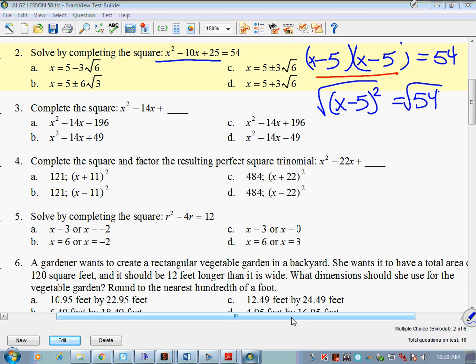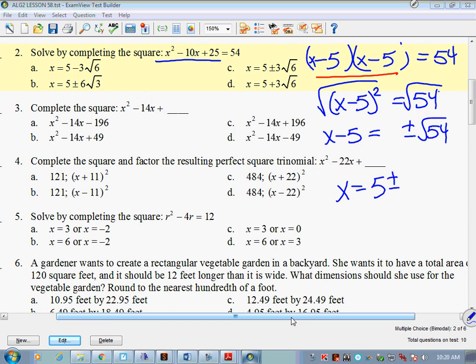All right, so I'm going to get x minus 5 equals, do I need to add anything to the square root of 54? Plus or minus square root of 54. What do I want to do with that 5? Add it, so I get x equals 5 plus or minus.